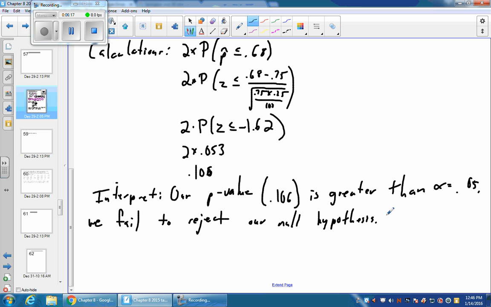And so from that, we don't have evidence that the chain is different from the national.